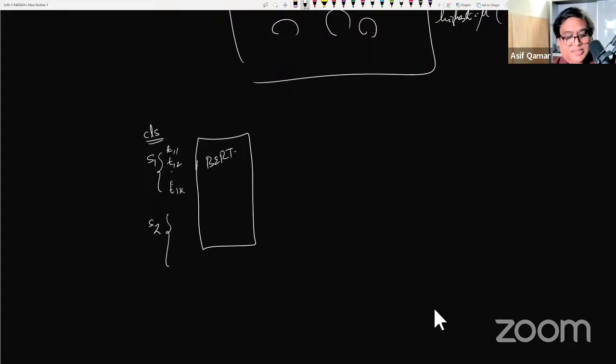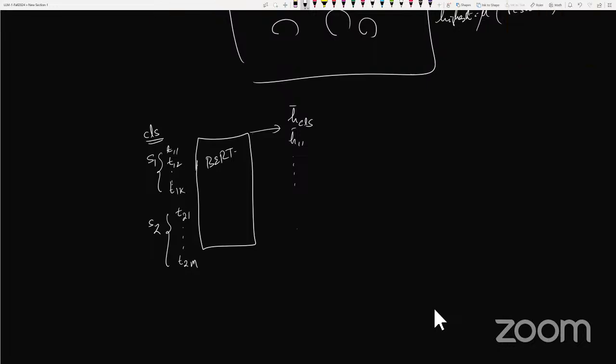And then this one will comprise T2,1 to T2,K, M tokens. These two sentences go in, and of course you get embedding vectors here. You get a hidden state vector, CLS, and one for each of the tokens in sentence 1 and sentence 2.